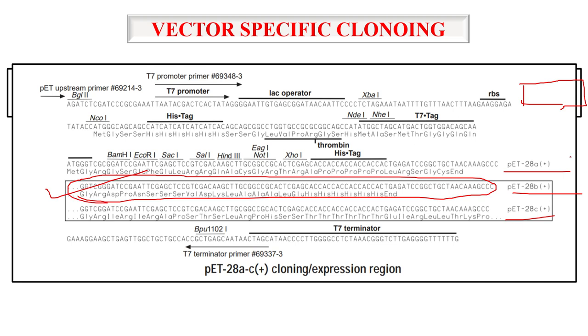So what is the difference between A, B and C? For this I have made a very important lecture, and please guys, if you want to express your protein, stay tuned and try to learn the basic knowledge and basic difference between the 3 series of pET, A, B and C.